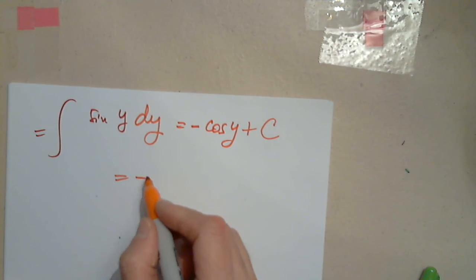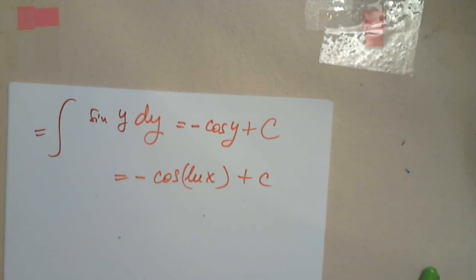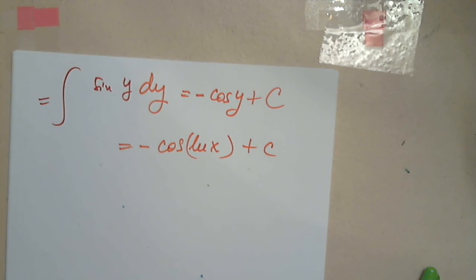So then the answer is negative cosine natural log x plus a constant c. At this point, you could say, show me. And I will. I will differentiate both sides, and I guarantee you I'm going to get the same function.